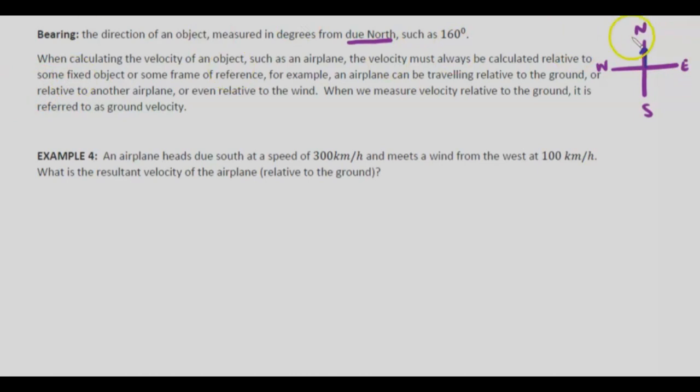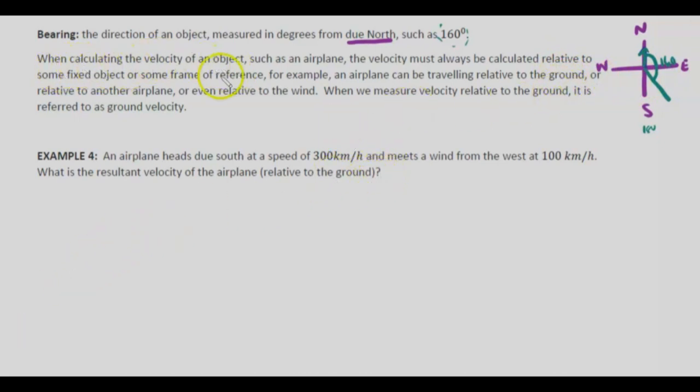You see it on top of this purple, going up. And then if we rotated, say 160 degrees, this would be 90. This would be 180 from due north. So it'd be approximately here. So this here would be 160 degrees rotation. That's what a bearing is.